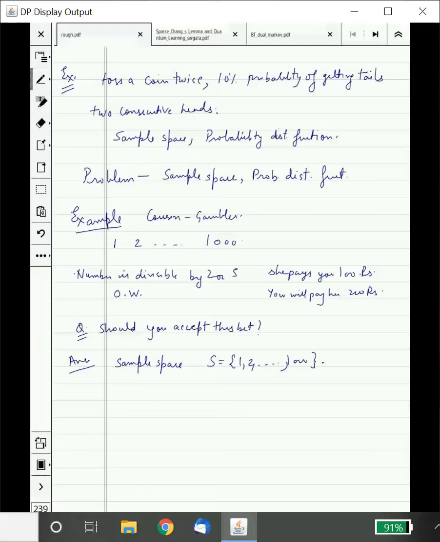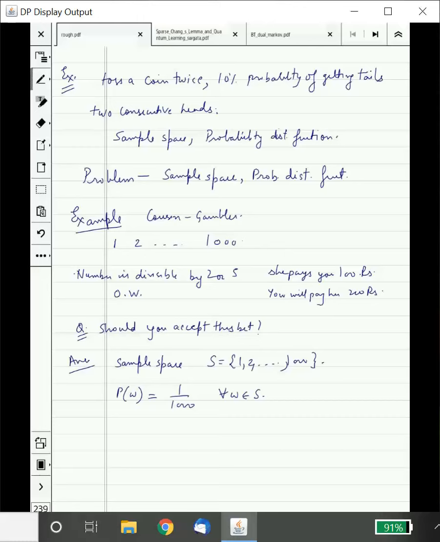Again, we assume that all the numbers come up with equal probability. That means the probability of omega should be 1 over 1000 for all omega in this sample space. So omega would range from 1, 2, 3 up to 1000. For each of them, the probability is this.